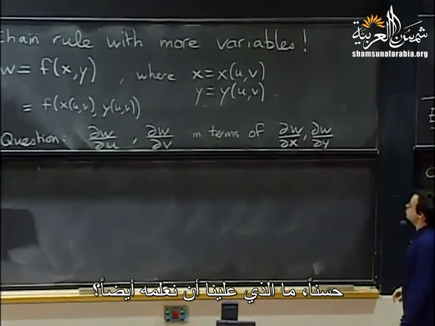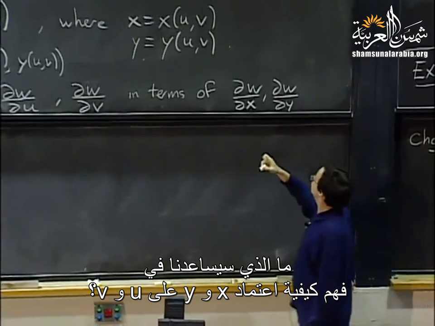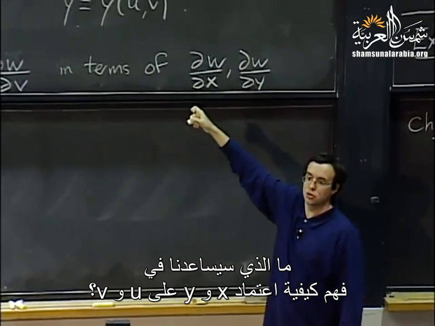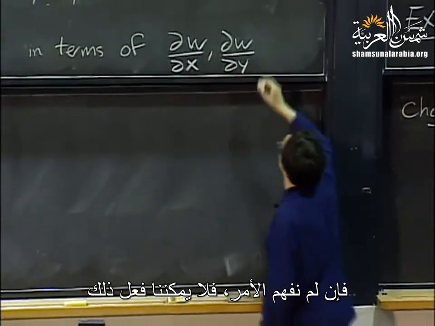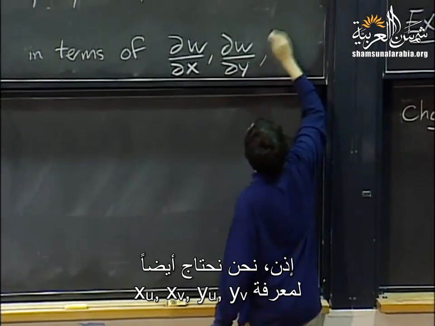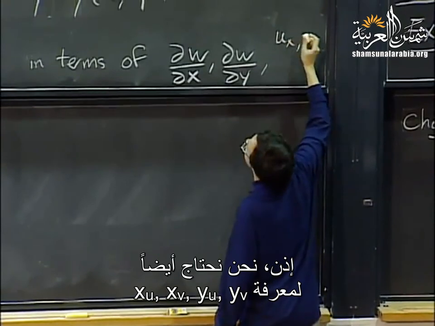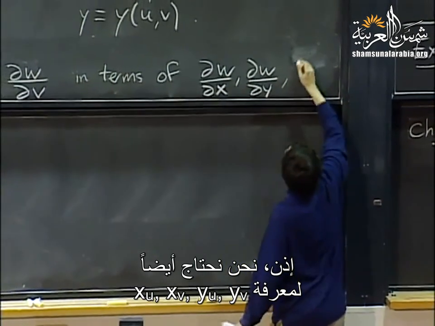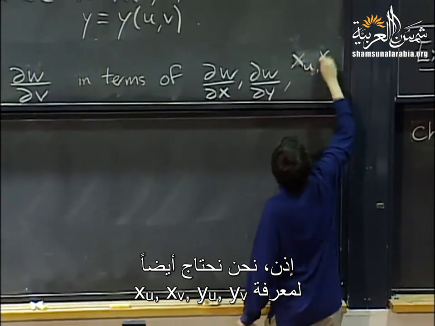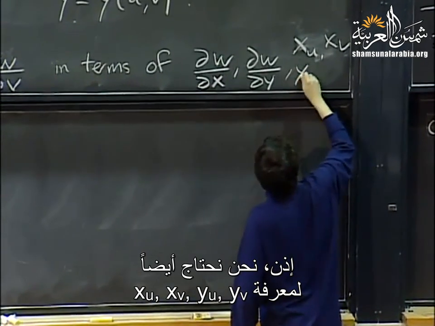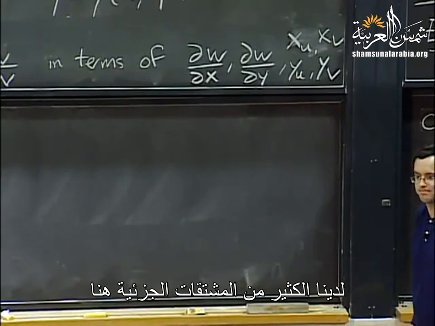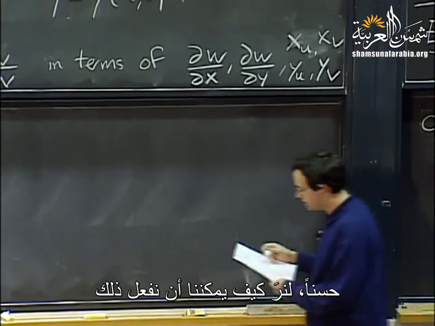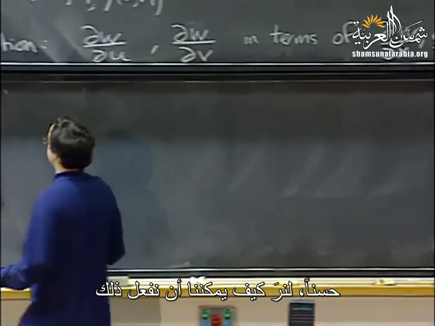What else should we know? Well, it would probably help to know how x and y depend on u and v. If we don't know that, then we don't really know how to do it either. So we need also x sub u, x sub v, y sub u, y sub v. So we have a lot of partials in there. Well, so let's see how we can do that.